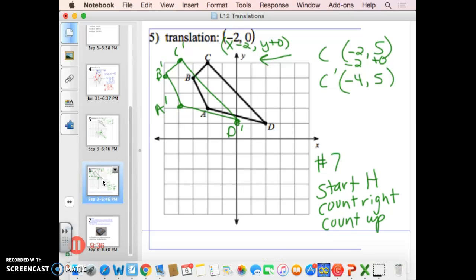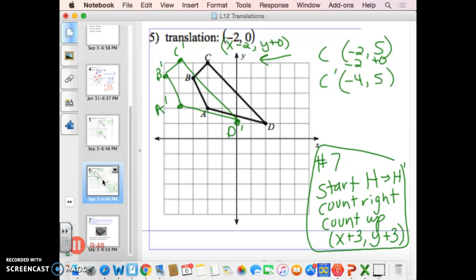And what you should notice is that it's x plus 3, y plus 3. So for number 7, that's how you write your rule. You start at h and you go to h prime. You always start at the point without the prime because that's your pre-image. And then you're going to go to the one with the prime. That's your image. Okay? So I'm not going to show you that example because I think you can figure that out.